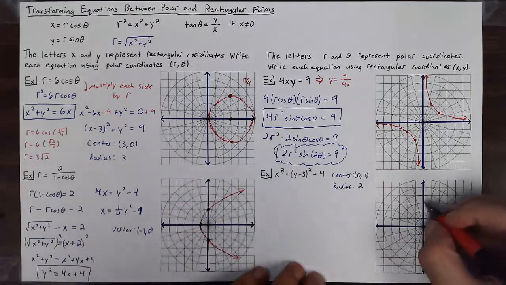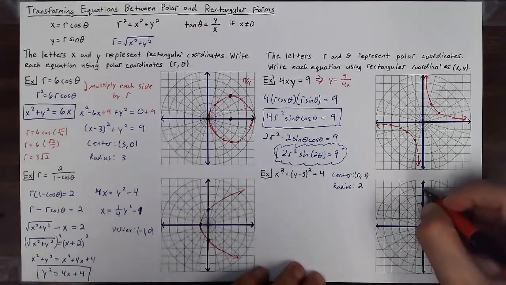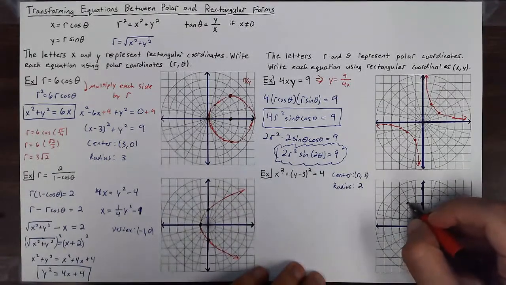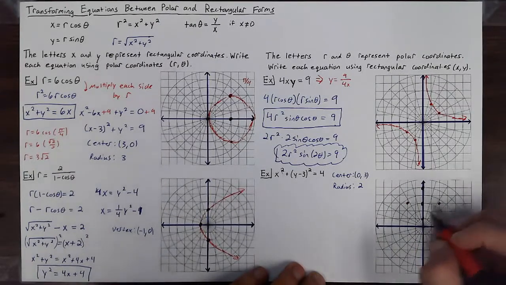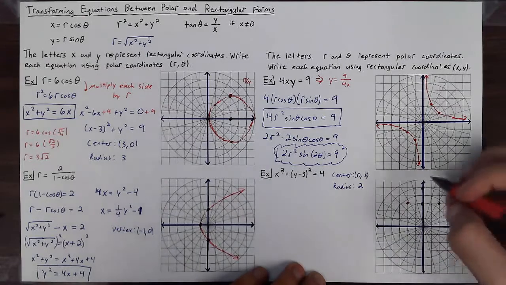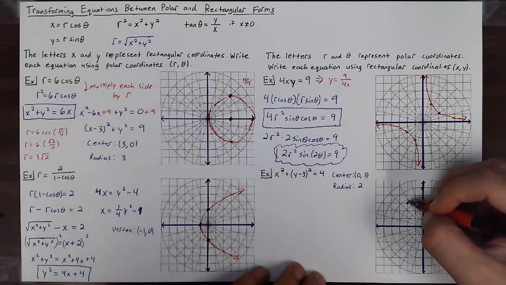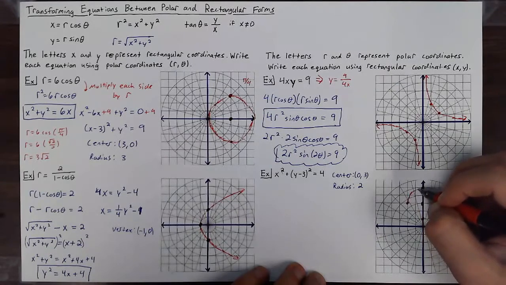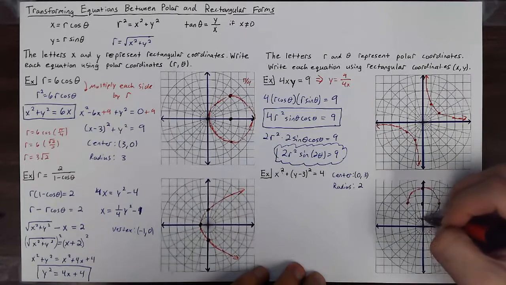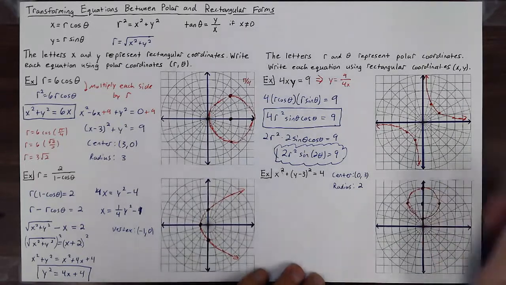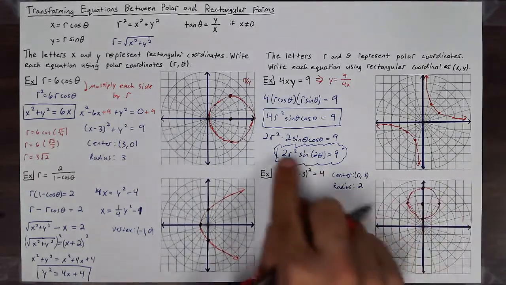So 0, 3, radius of 2. So we're going to get a graph that looks like this, but we're going to get the polar form of it.